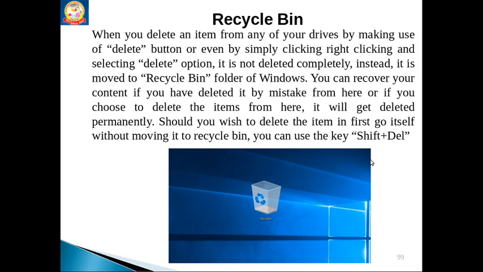Recycle Bin, you know the purpose of the Recycle Bin. If you want to remove unwanted things from the computer, all those unwanted things are kept in the Recycle Bin, meaning if you delete any item, it will be placed into the Recycle Bin.